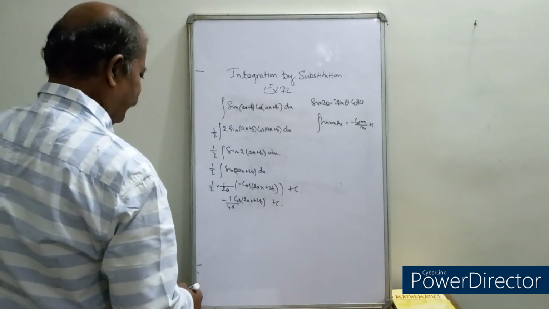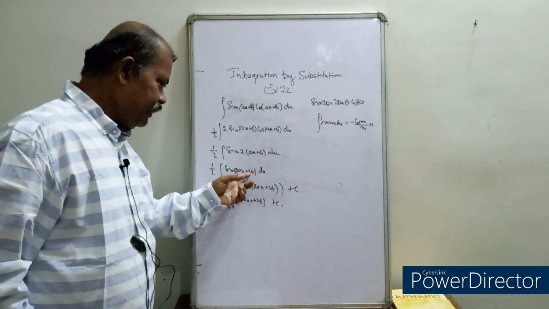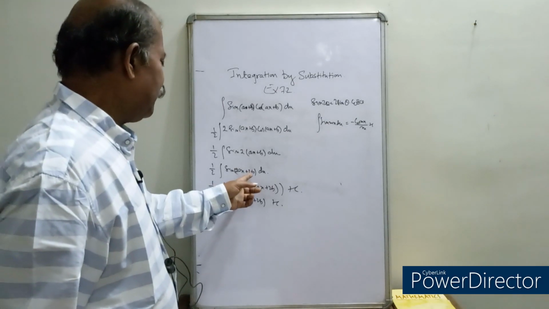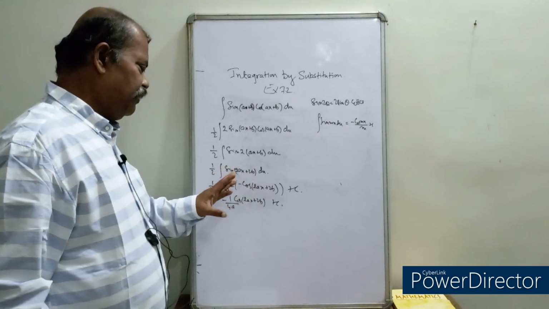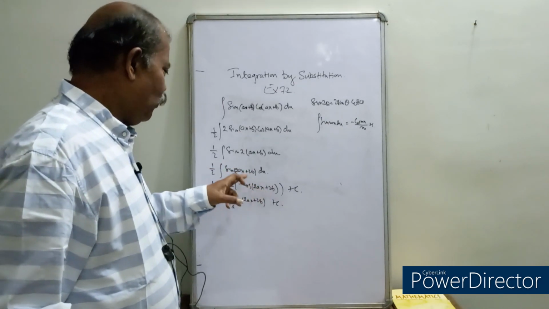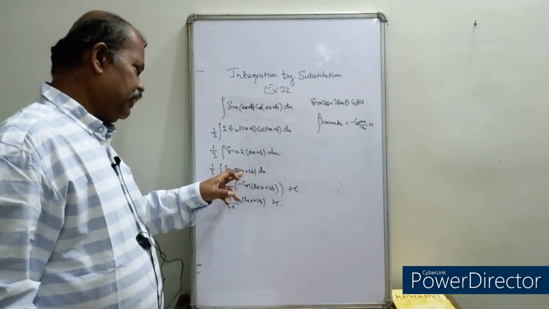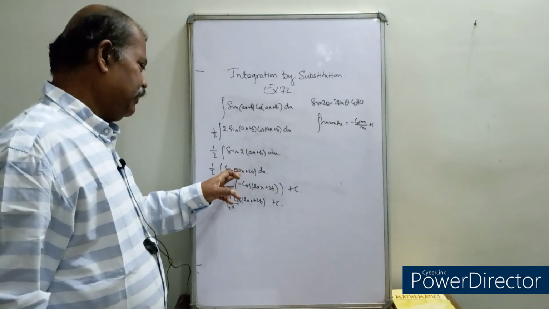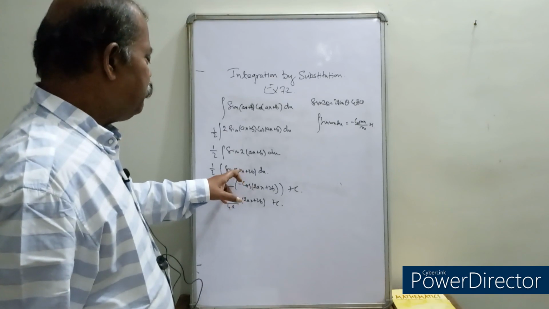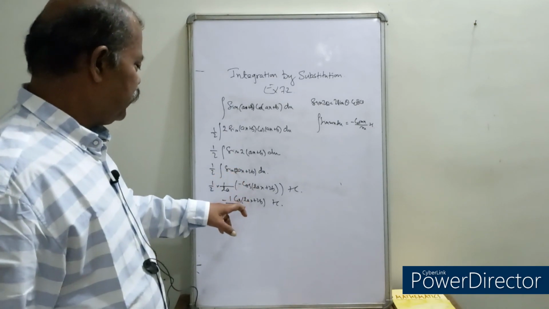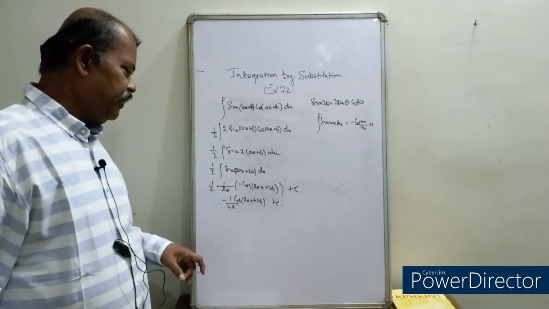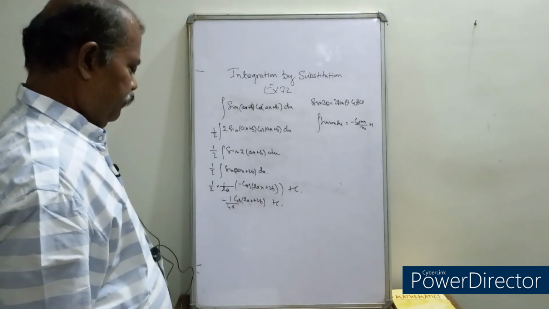So this is your answer. Remember that the constant which has no variable has no effect on it. Only the constant which is multiplied with the variable gets divided in the integration. So this is your answer.